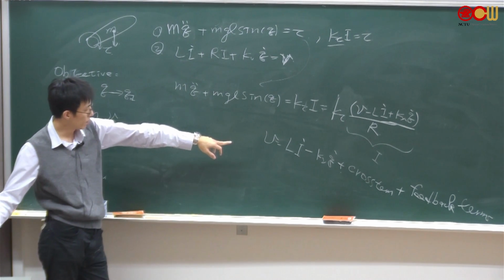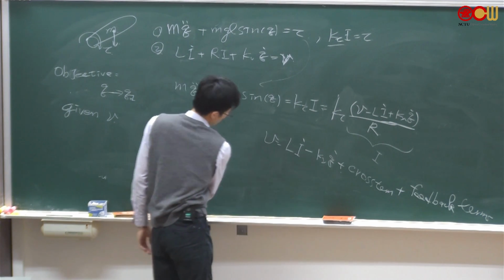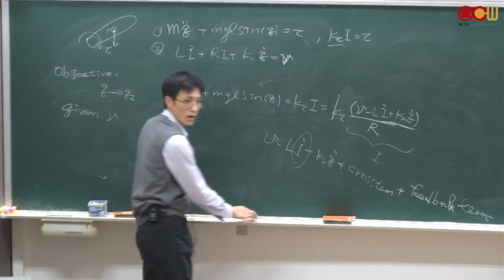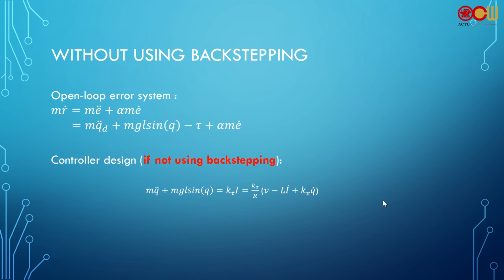The price you have to pay is this I dot term. You can measure current, but its time derivative is not guaranteed. You have difficulty implementing this I dot, and that's why we want to use backstepping for this kind of problem.